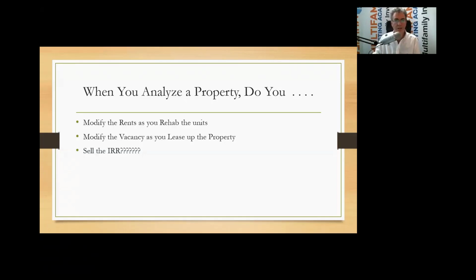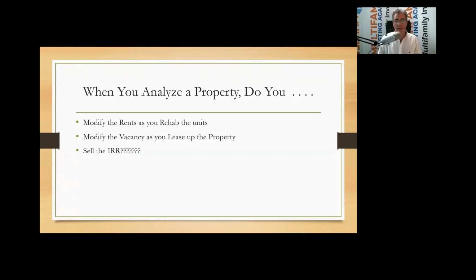Remember, guys, not every investor cares about cash-on-cash return. That may shock some of you, because you're looking at multifamily as being a cash flow property, and that's all true. But sometimes what we're trying to do is increase the capital appreciation on the property by increasing the rents as quickly as we can.